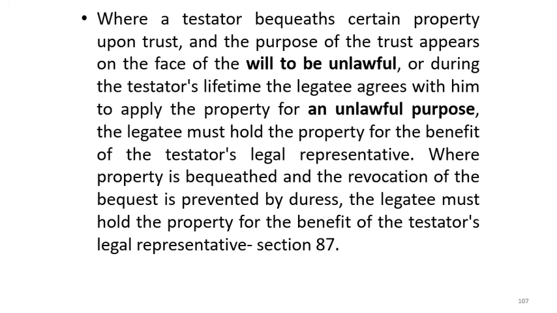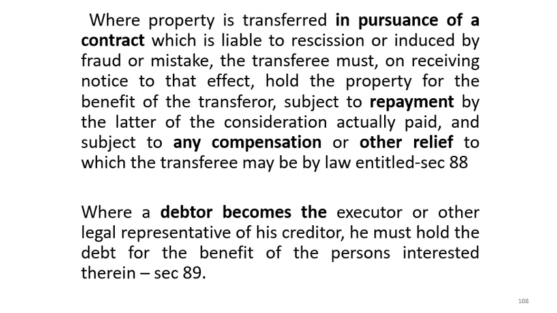Where the revocation of the bequest is prevented by duress, then the legatee must hold the property for the benefit of the testator's legal representative. This section we have already seen, that's why I'm leaving it. Where the property is transferred in pursuance of a contract, this is section 88.